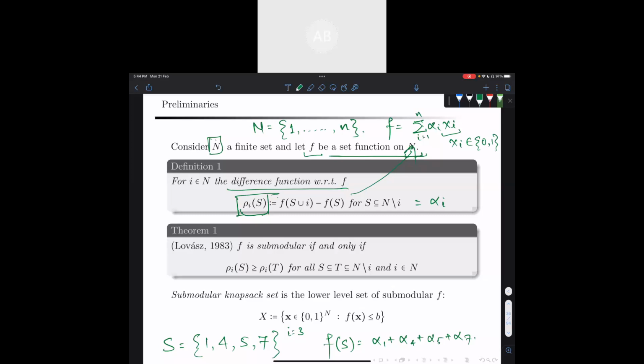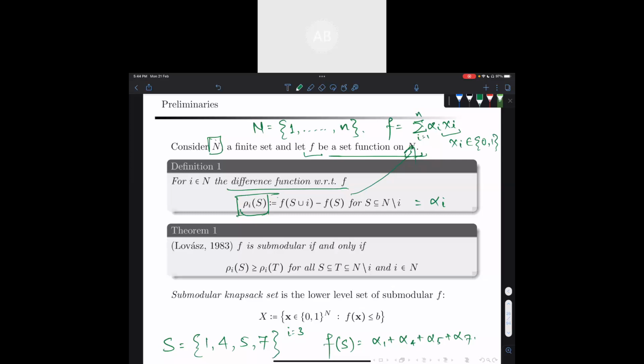Now we'll present a characterization of submodular functions that was given by Laszlo Lovasz in 1983, which says that f is submodular if and only if. So this is a necessary and sufficient condition. It says that f is submodular if and only if this difference function is decreasing in the size of your input set, right?